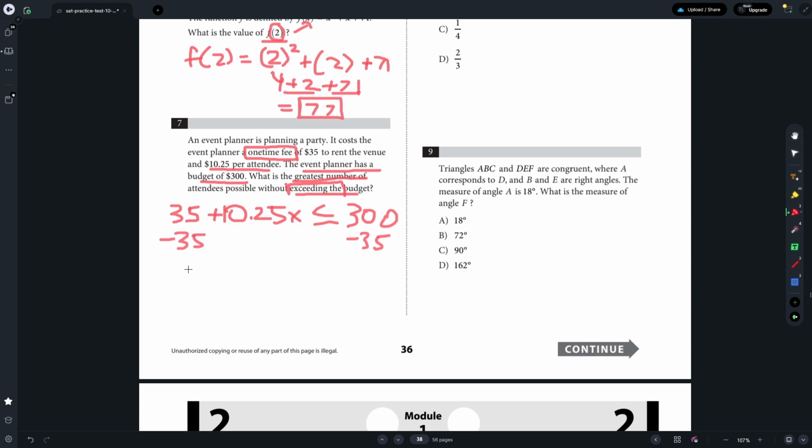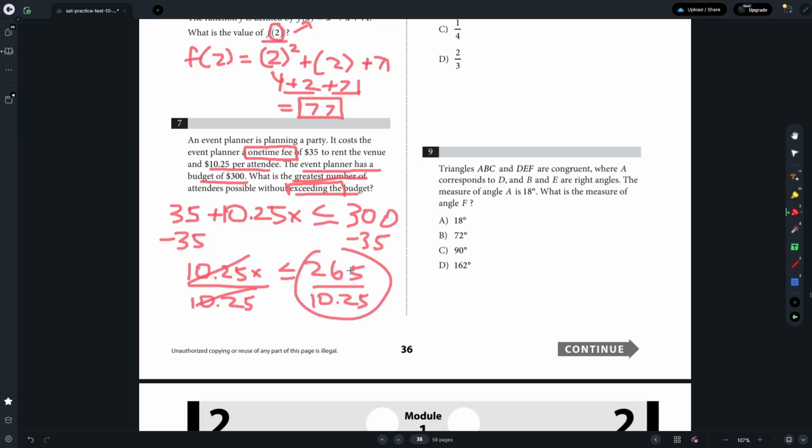So now if we subtract, we get 10.25x is less than or equal to 265. Now how do we solve for x? We have to divide by 10.25 on both sides. Doing this will cancel out the 10.25 on the left side, leaving x on its own.